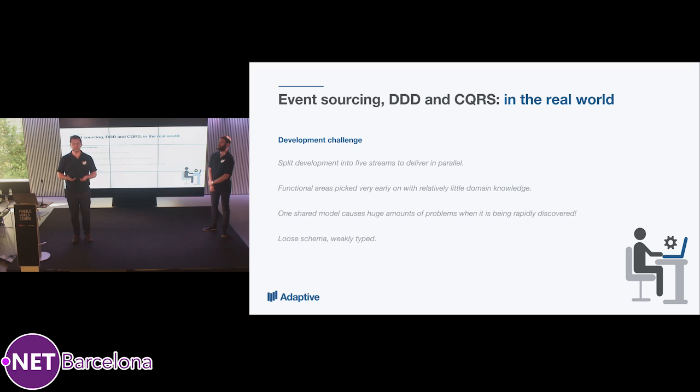We didn't have a .NET contract or anything like that, or a schema stored in a relational database. We just had events written on Confluence on a wiki.